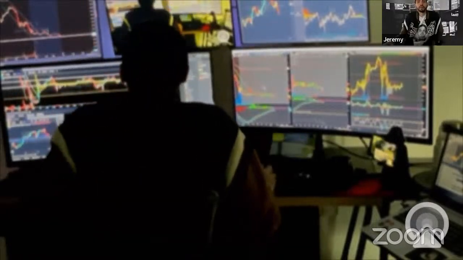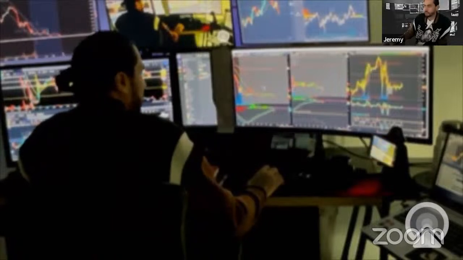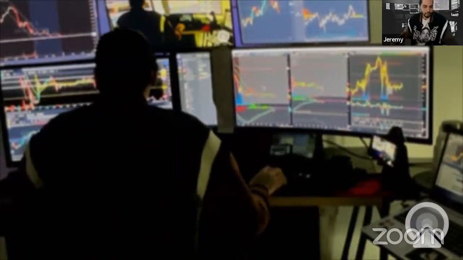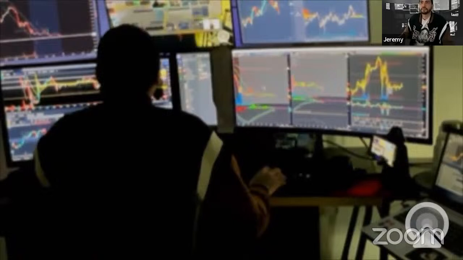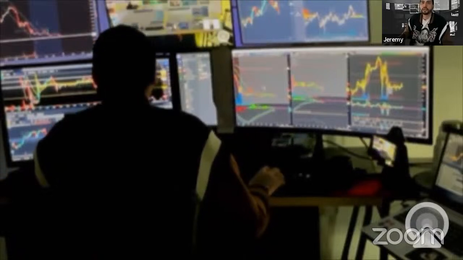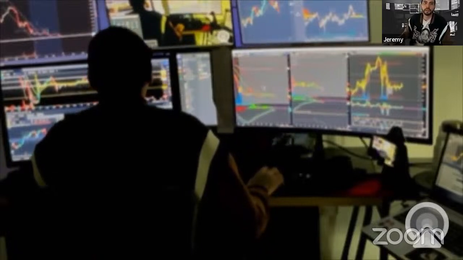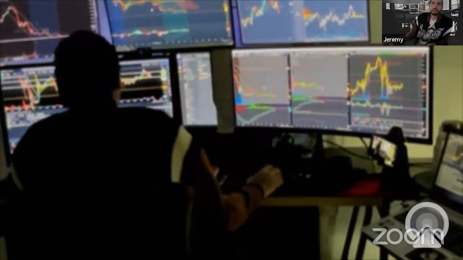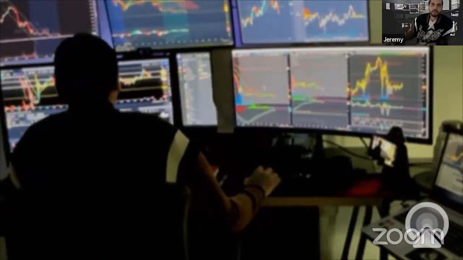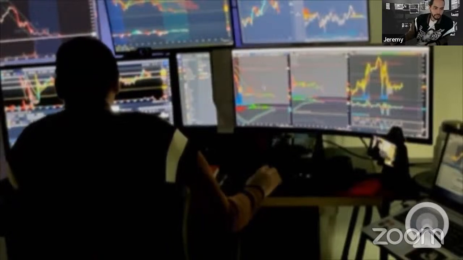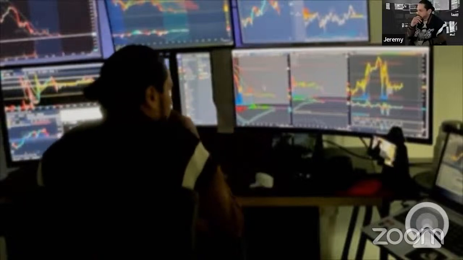There are little things that might get tweaked here and there, but for the most part, that's the setup I run on a daily basis. It doesn't really matter what ticker I'm trading at the time. But yeah, that's a quick chart breakdown.